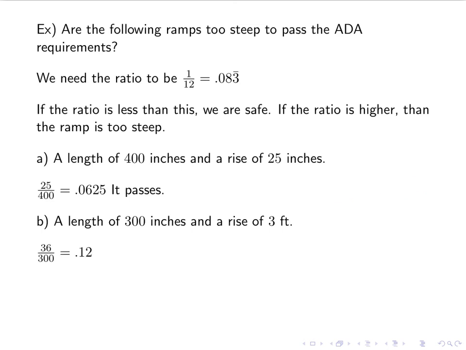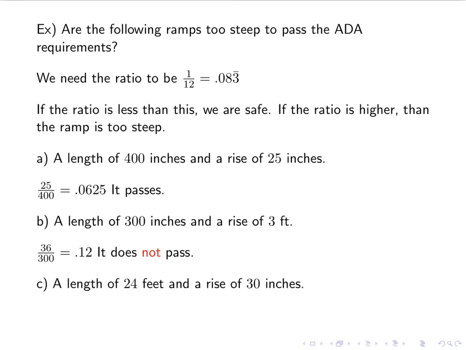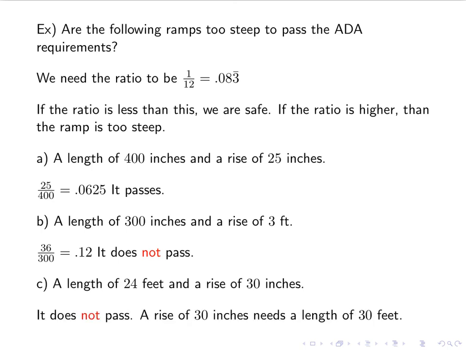I get 0.12, so it does not pass. And the last one, a length of 24 feet and a rise of 30 inches. So I can tell right away it's not going to pass, because if it's a rise of 30 inches, then it needs a length of 30 feet if we're looking at the 1 inch to 1 foot ratio. And 24 feet is not at least 30 feet. So I know that it's not going to pass.